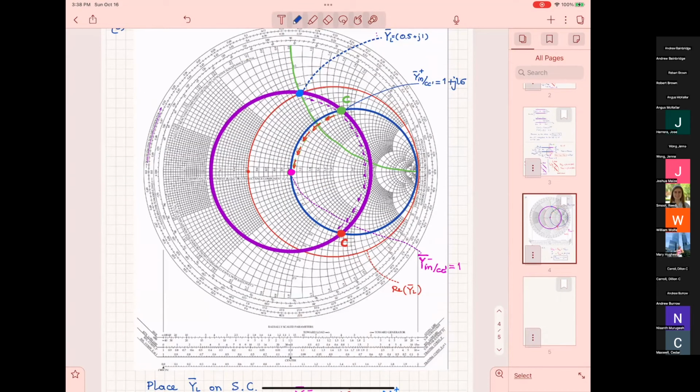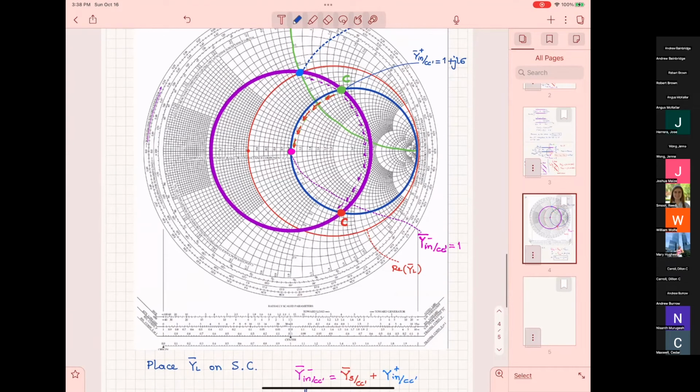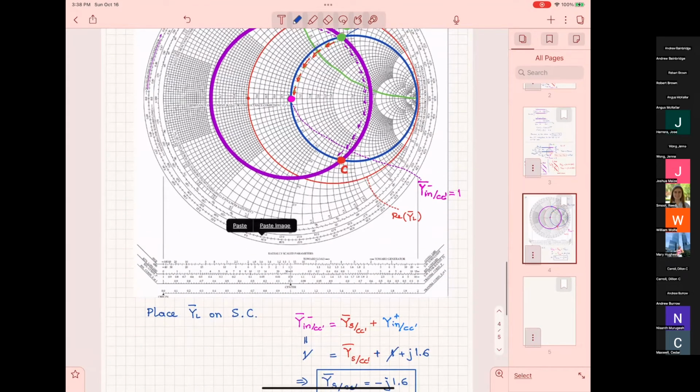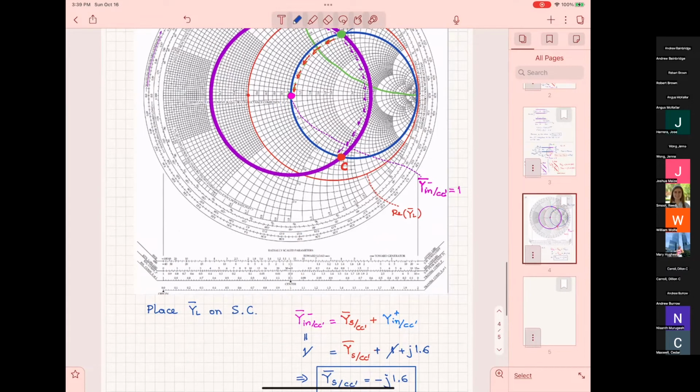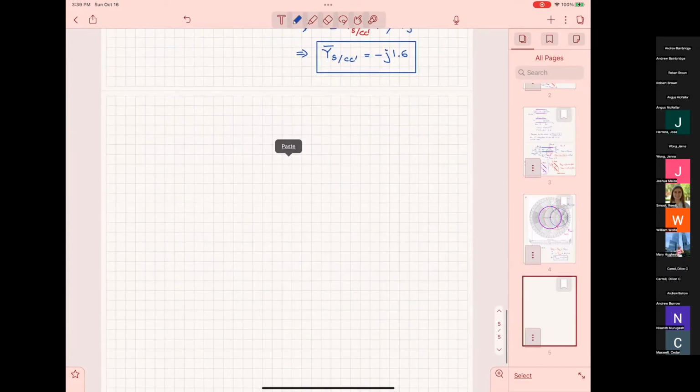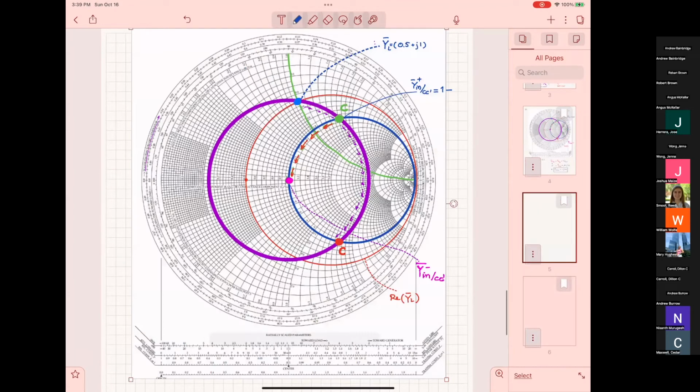The following. Now I'm going to take a new copy of the Smith chart, because now I'm going to use the Smith chart to find the length of the stub. So you can use the old one if you feel comfortable, but for me to clean it up a little bit, I'm going to copy here and paste, and then clean this up.